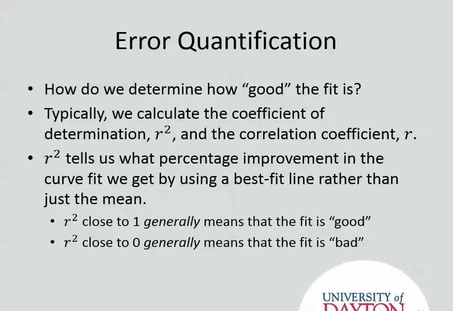My mean curve would probably also look just like that, right? No big difference between the mean and the best fit curve. So that usually means that we have an R-squared value that's going to be 0 because there's no trend to the data and there's no curve that's going to fit to that data and actually mean anything or tell us anything about the data. So that's what R-squared actually means.